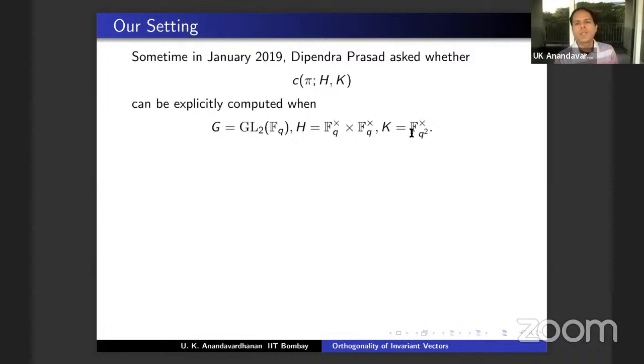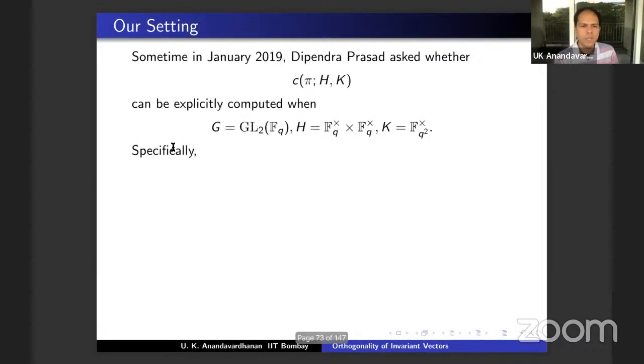You can also take the quadratic extension of Fq. There's a unique quadratic extension, a field of cardinality q squared. You take its multiplicative group, the group of order q squared minus 1, and there's a natural embedding of K into G. That also is well known. It's a Gelfand subgroup. So there's a good situation where the correlation coefficient defined by Gross can be investigated.